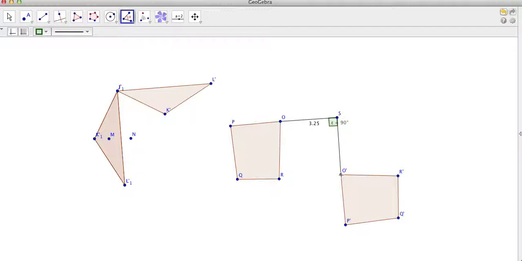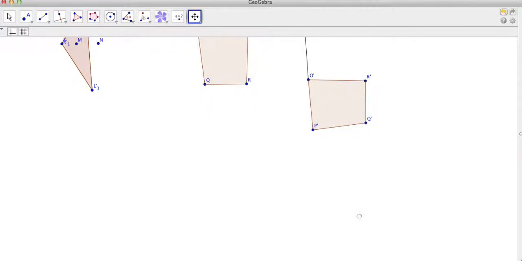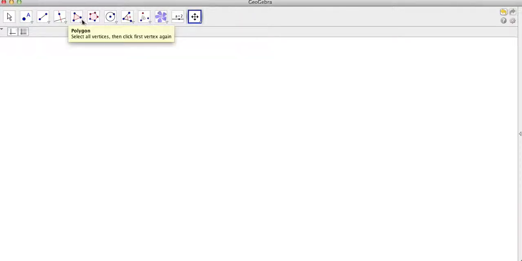So, now that we've done 1B and 2B for rotational symmetry, there's translation symmetry. First you would have your polygon, in this case a right triangle, or about a right triangle.